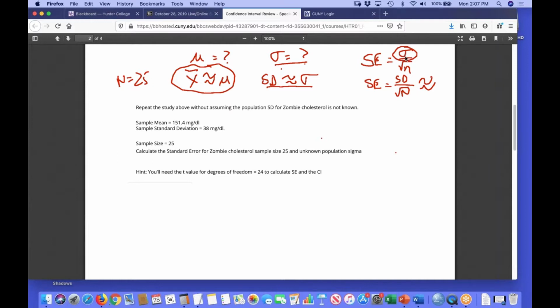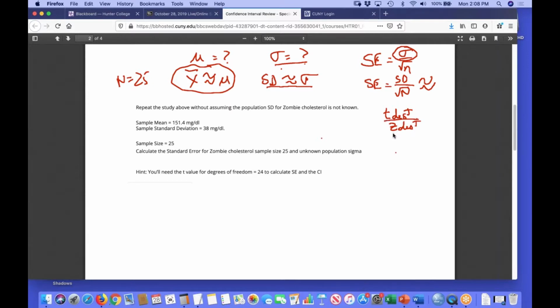So in order to make up for that uncertainty, we learned that we use a t distribution instead of a z distribution. And the bigger the sample size is, the better an estimate of the population standard deviation we have. So there isn't a single t table.